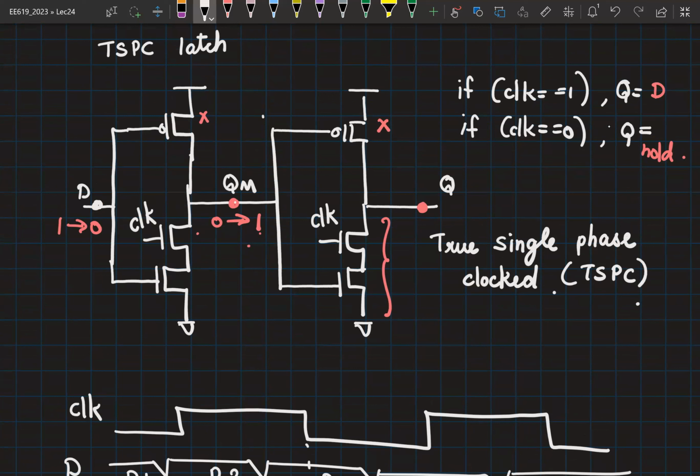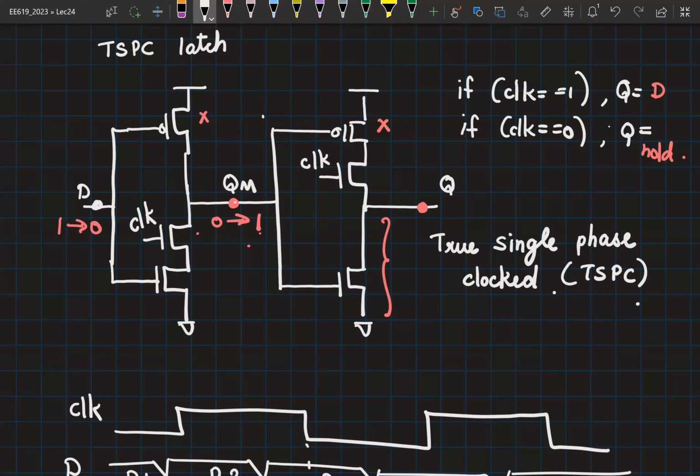So now what are you doing? Let's say you had clock here and you were putting clock here, is it? Is this what you're doing?